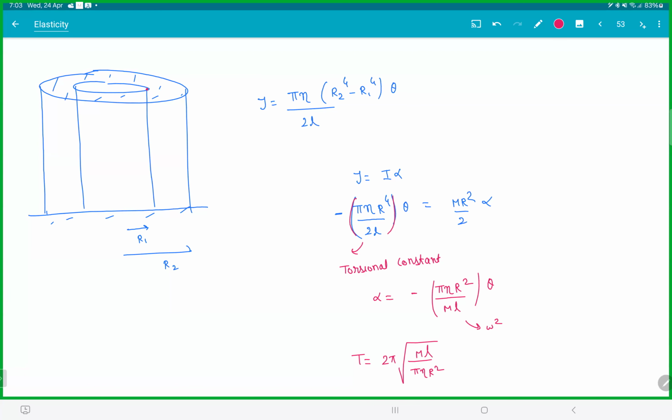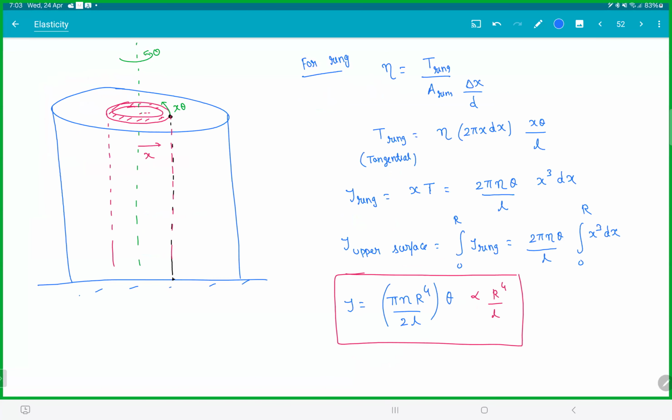It has to change, isn't it? Because this is x theta, this is 0, meaning they're all not twisting by the same amount. Is this clear, everyone? You can ask the time period from here. You can ask for a hollow thing. Do have a look at the integration once more.